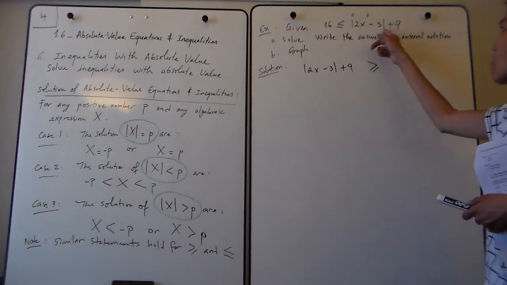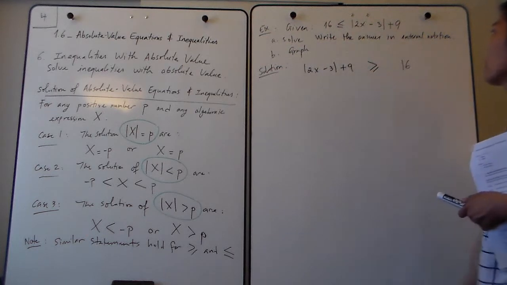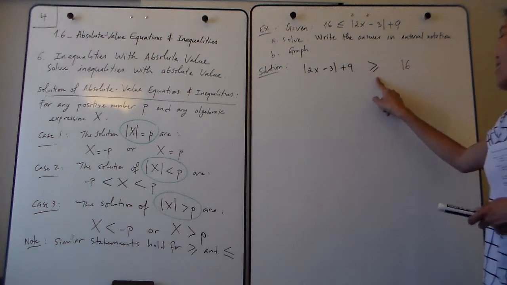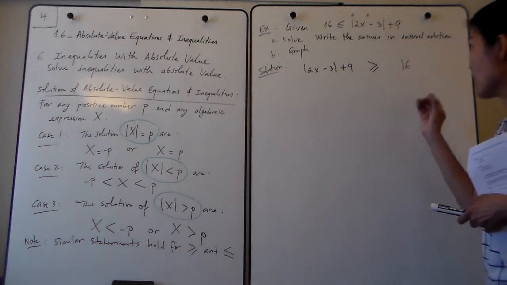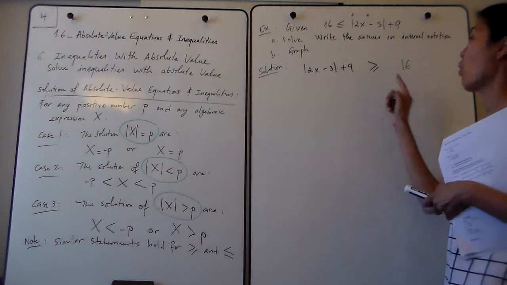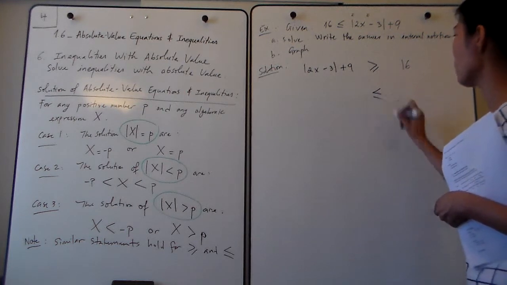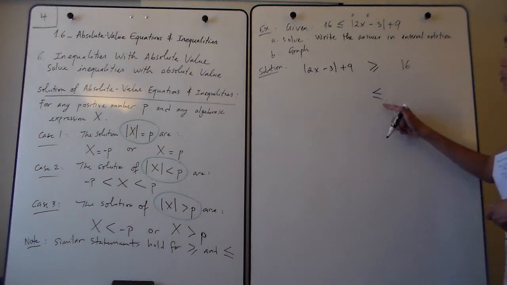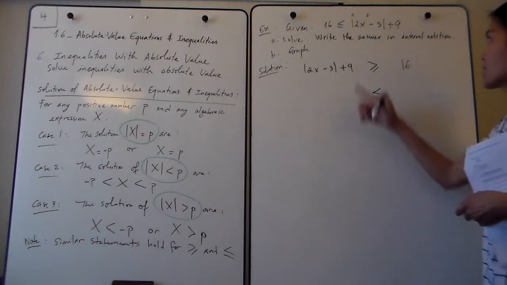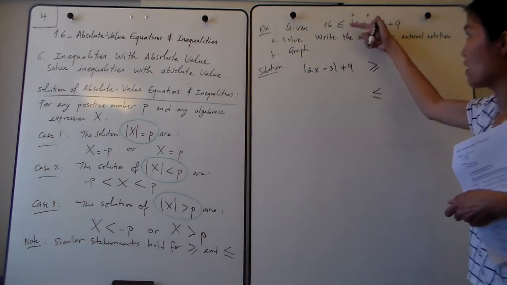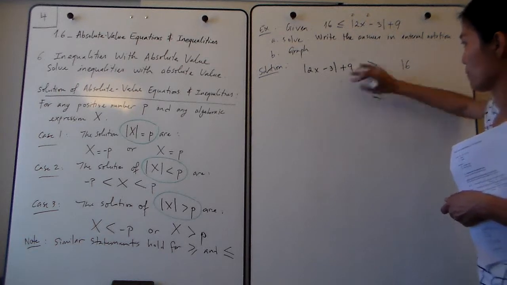You can write this on the left and this on the right, and make sure you still maintain the correct inequality symbol. It would be wrong if you keep it this way, because the right-hand side here is greater than or equal to.